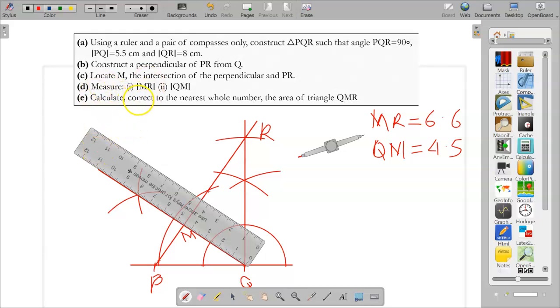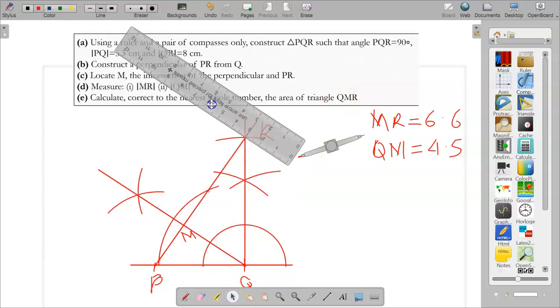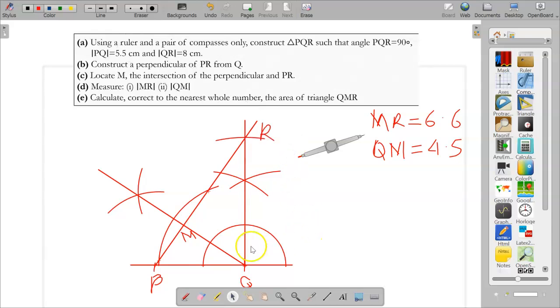Now, according to E, calculate, correct to the nearest whole number, the area of triangle QMR. So Q is here, M is here, and R. So we are looking at the area of QMR. Now, for us to know the area of this triangle, we need to understand that the angle here is 90 degrees.